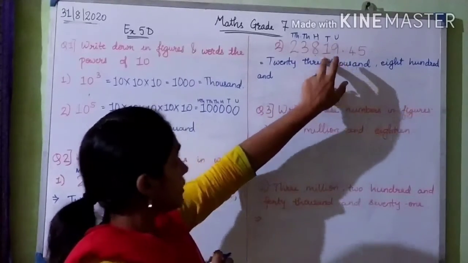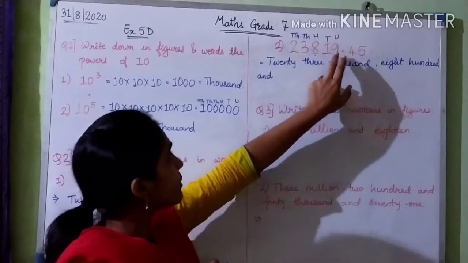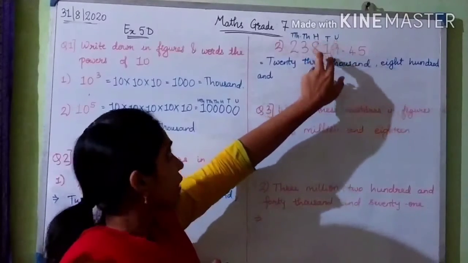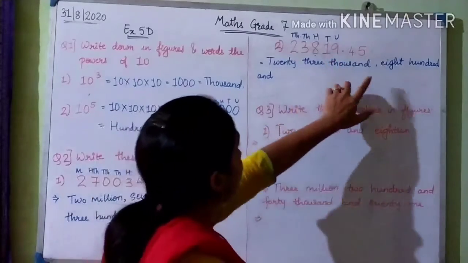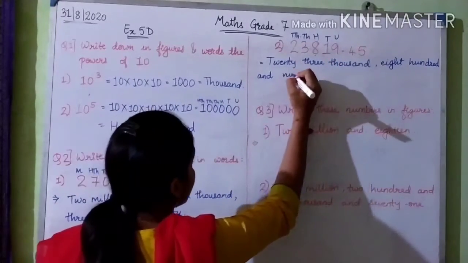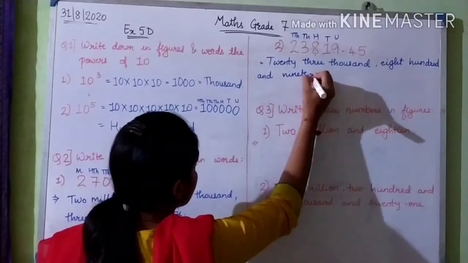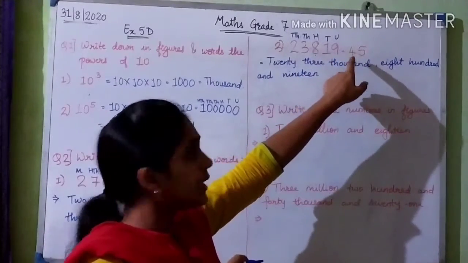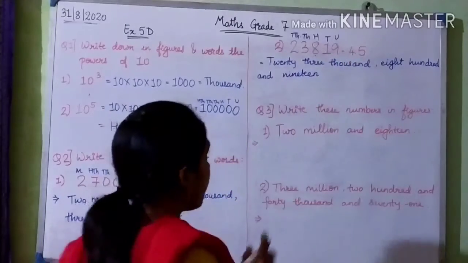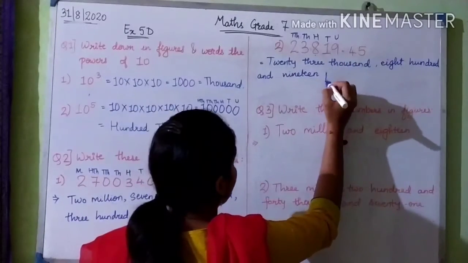The 1 is in tens place and in the units place the number is 9. So 1 and 9 together we call 19. So we write 819. And then after that there is a decimal point. So how do we read a decimal point? We just write a point in place of it. So I write a point.